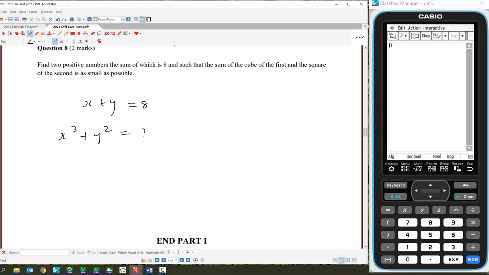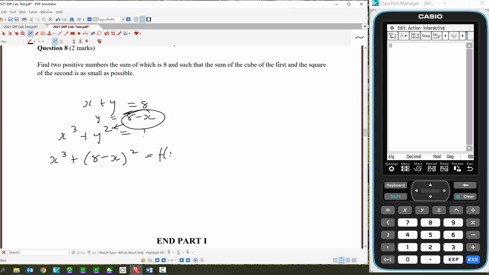I'm going to go for... I'm not going to do in terms of y because I think that will mean I have to expand a cubic to derive. So let's do y equals 8 take x and put that on for y. So I've got x cubed plus 8 take x squared equals, what are we going to call the function?